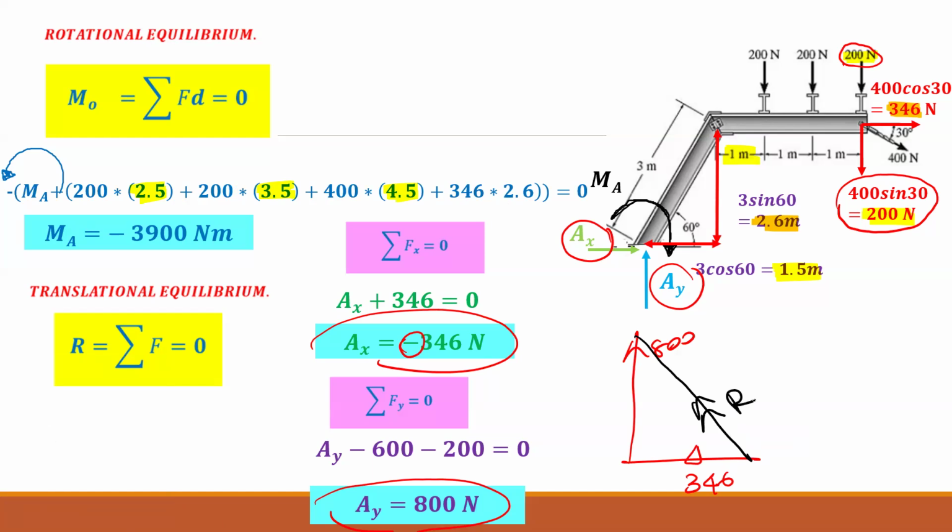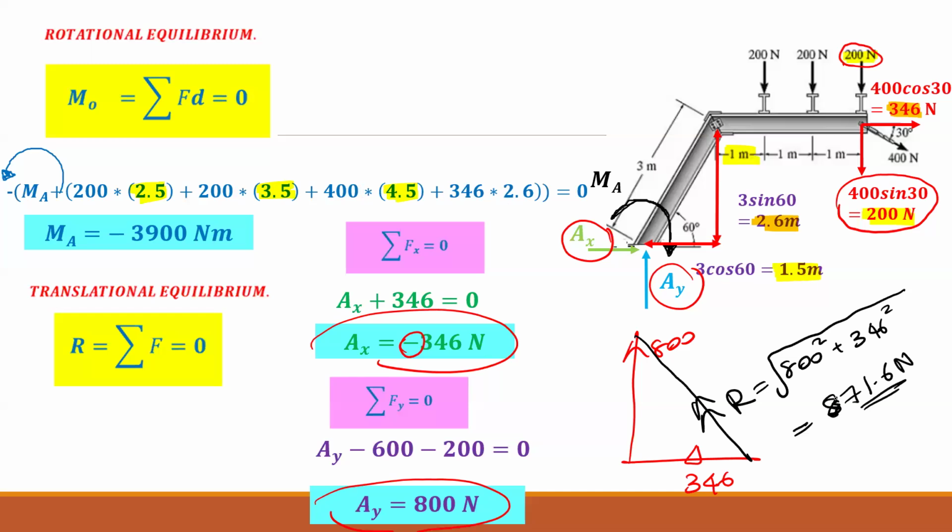You use the Pythagoras theorem to find the resultant, which is the square root of 800 squared plus 346 squared. You already did this in week 1. I hope you're okay. That will be 871.6 newtons.